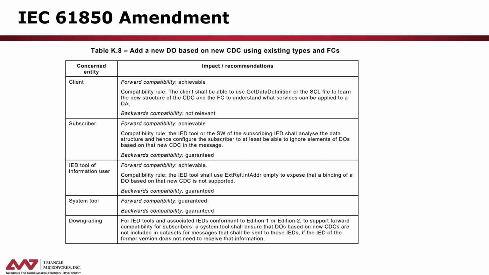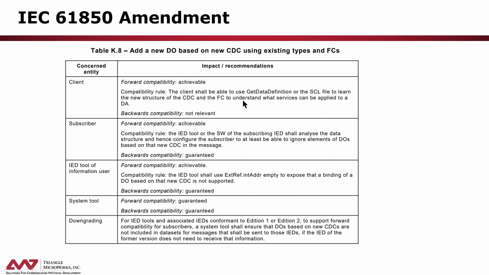So in this case, like the last example, we're adding a new data object based on a new CDC. So for instance, 7.4 is updated. An existing LN adds a new data object from a new CDC in 7.3. If I'm building a device, in order to be sure that I don't have a problem with this situation when the next update to 61850 comes out, if I'm a client, this is achievable.